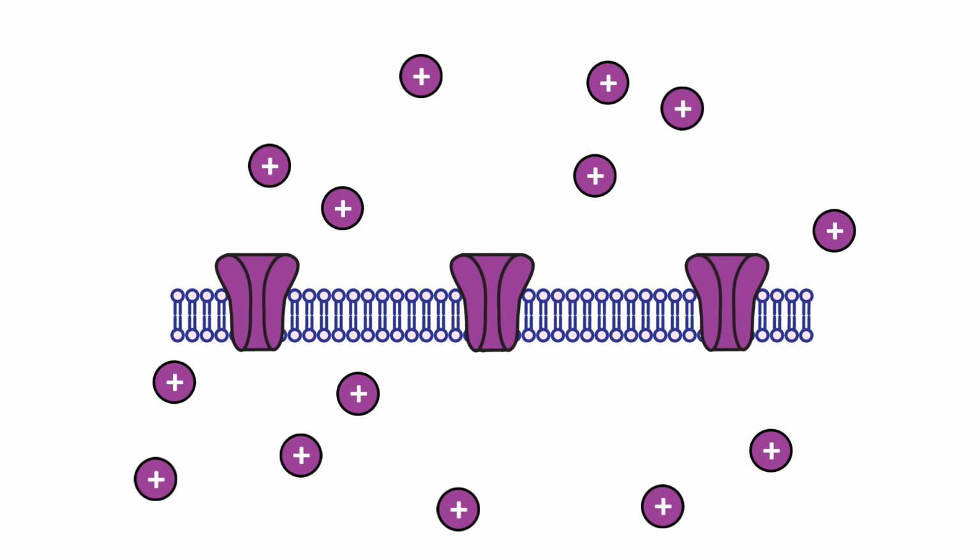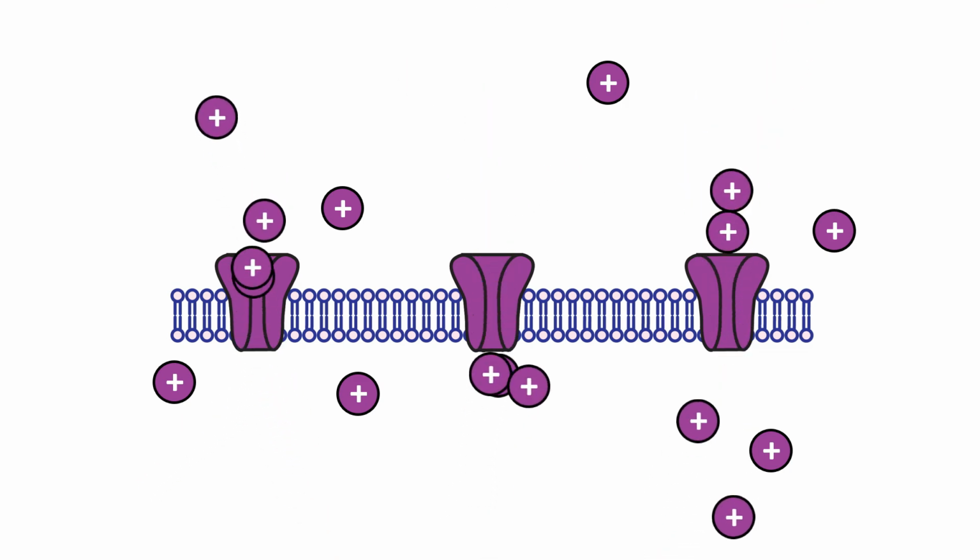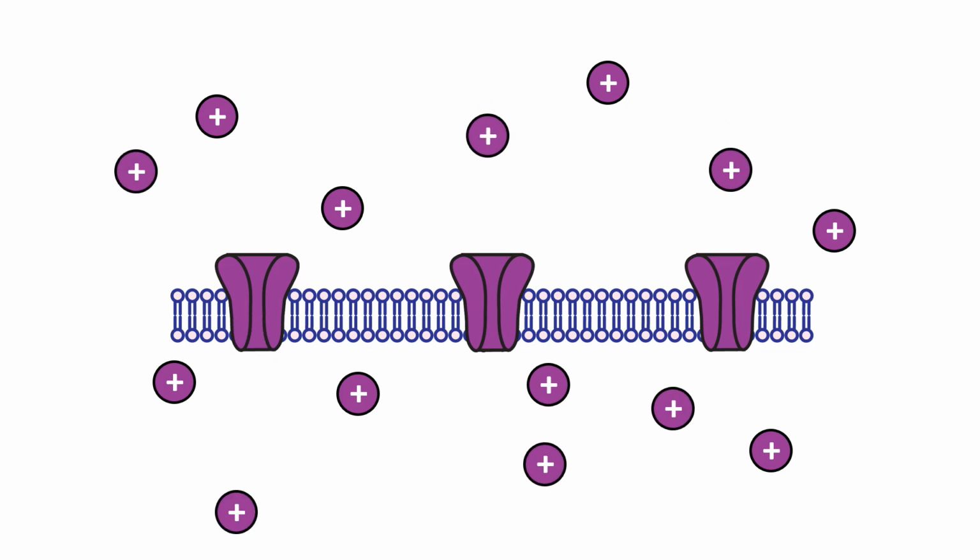So at equilibrium, ions still move across open channels, but the net movement is zero. So as many ions move in as move out. And the specific voltage at which this balancing act happens for a particular ion is often called the equilibrium potential, or the reversal potential for that ion.